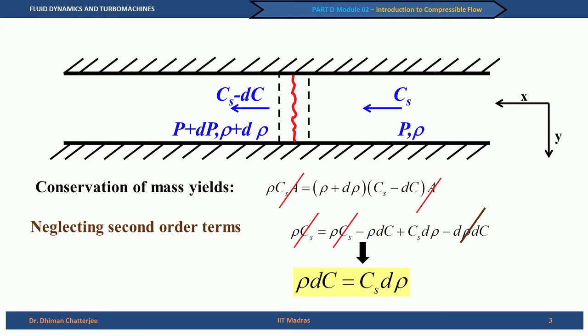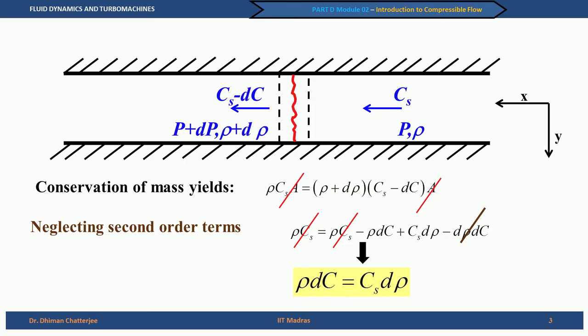If we now do the momentum conservation, we should note that on one side we have pressure P acting, on the other side we have a pressure P plus d P acting, but the area is the same, and we know that the rate of change of linear momentum is nothing but the force.